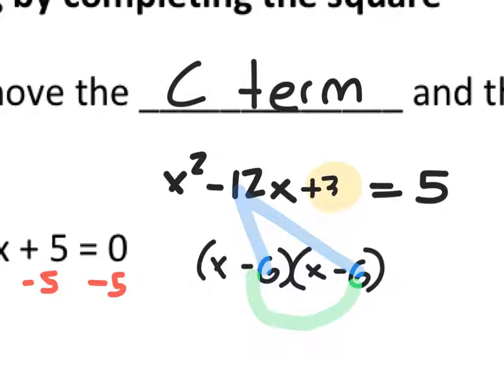Now, do keep in mind, we're working with an equation here, so I can't just add 36 to one side. I need to also add 36 to this side as well. So don't forget about that step. That's the one that people commonly forget. But we can't just go around adding whatever we want. What we do to one side, we must do to the other. All right?